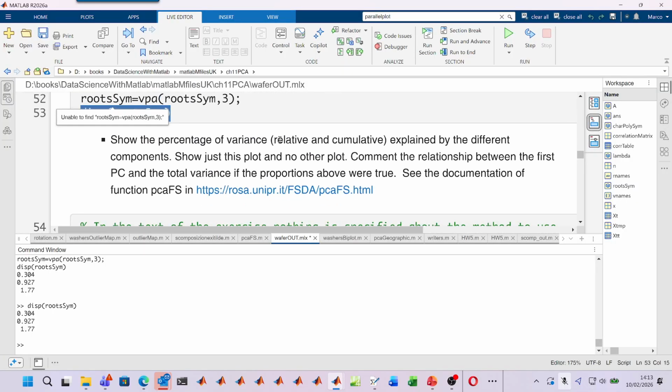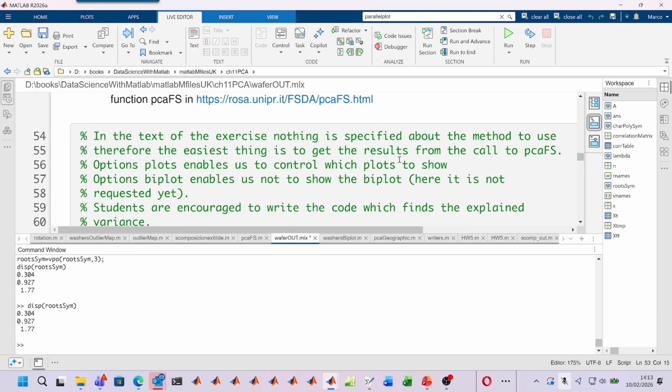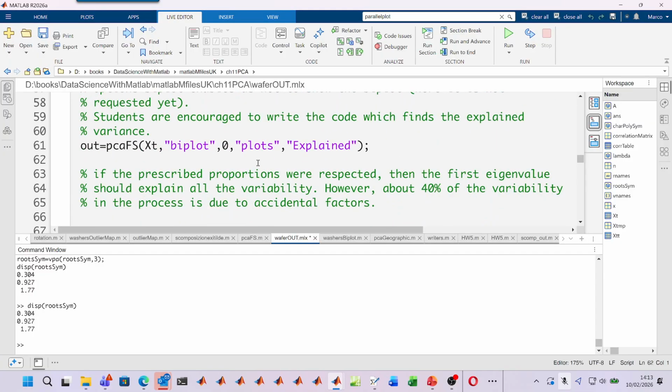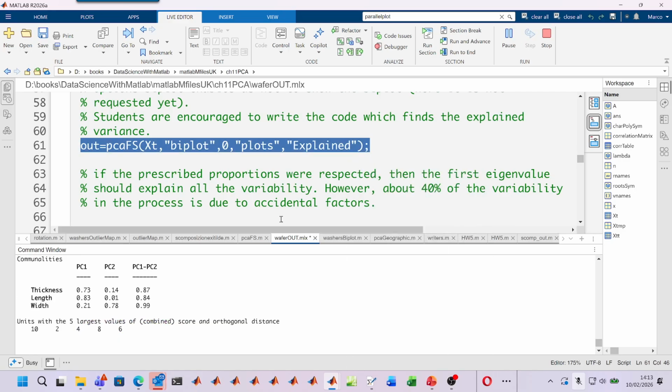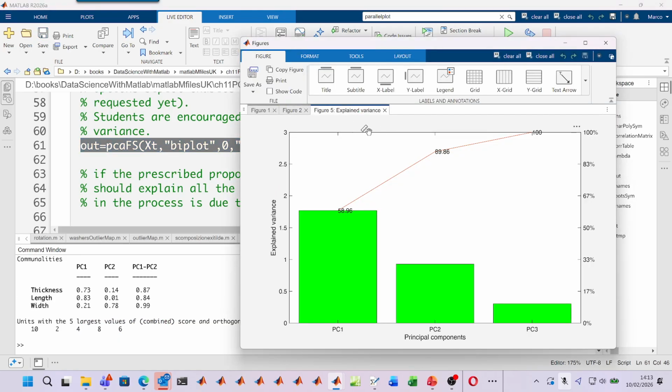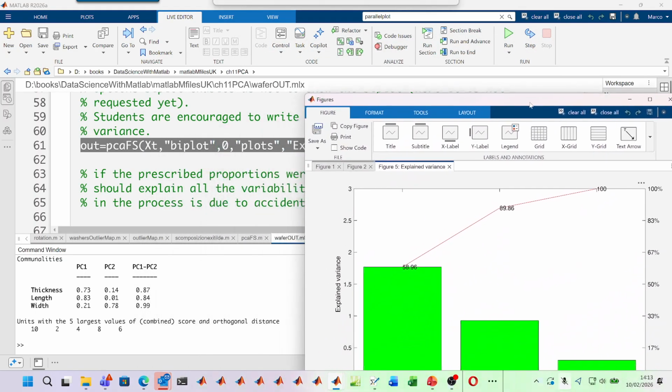Okay, show the percentage of variance explained by the different components. Here you can do things manually, as we have done last time. So you have the correlation matrix, you compute the eigenvalues, then the eigenvectors, and so on and so forth. Or otherwise, you call PCAFS, and now you have the completion. Now you call PCAFS with just the options Biplot equal to 0, and plots equal to explained.